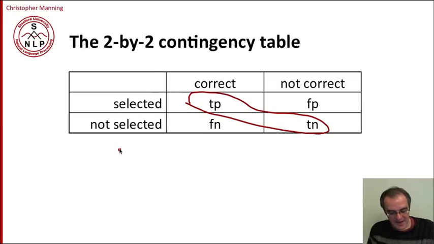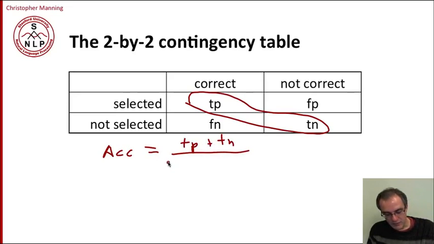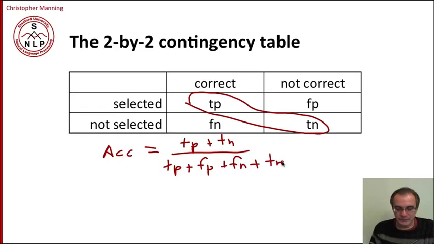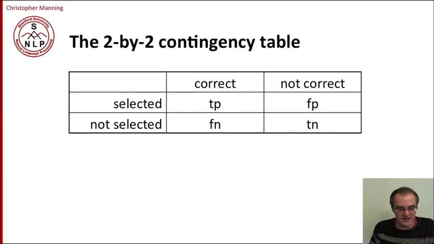So if you want to work out the accuracy, it equals the true positives plus the true negatives over all four classes: the true positives plus the false positives plus the false negatives plus the true negatives. In many applications, accuracy is a useful measure for systems, but there's a particular scenario in which it's not a useful measure. And that scenario is when you're dealing with things that are uncommon.